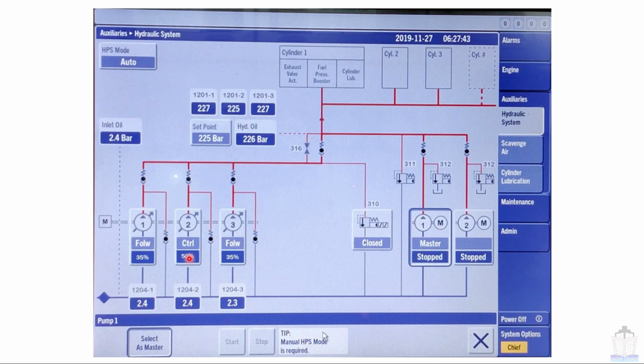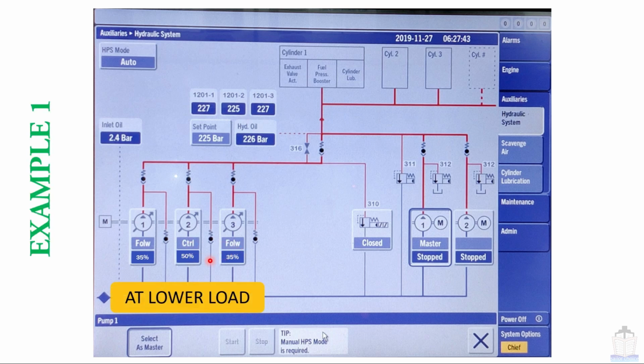Now moving next, we are going to see the example part related to control and follow mode. Here I am representing example number 1, and in that example it is assumed that the engine is running at lower load. In that case, the control pump will run at about 50% load and follow pumps will run at the lower load, around 30%, 25%, 35% like that.